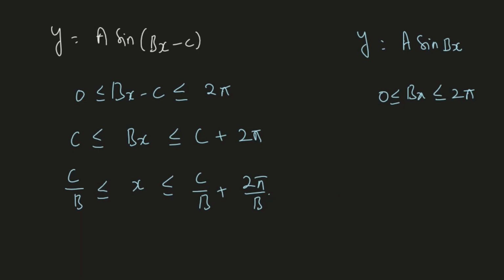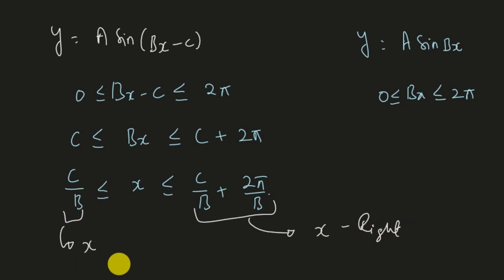Now this c by b is showing the x coordinate of the left side where the cycle is going to begin, and this is also an x coordinate, but on the right side where the cycle is going to end. Now the graph of y equals a sine (bx minus c), where b is greater than 0, is obtained by horizontally shifting the graph.